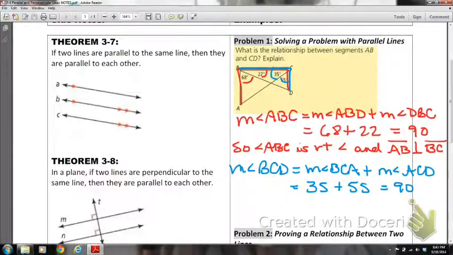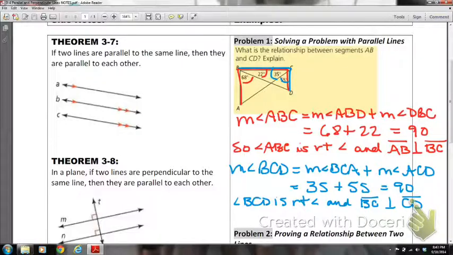So we can make the statement that angle BCD is a right angle, by the definition of a right angle, and we can also say that segment BC is perpendicular to segment CD, by the definition of perpendicular lines.